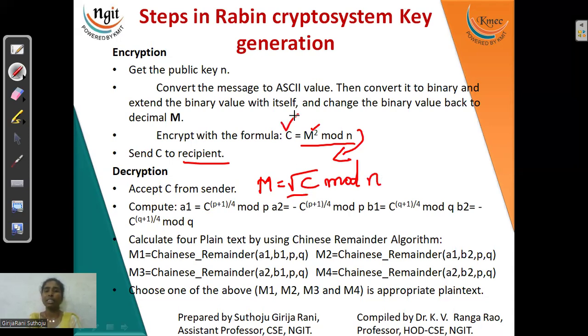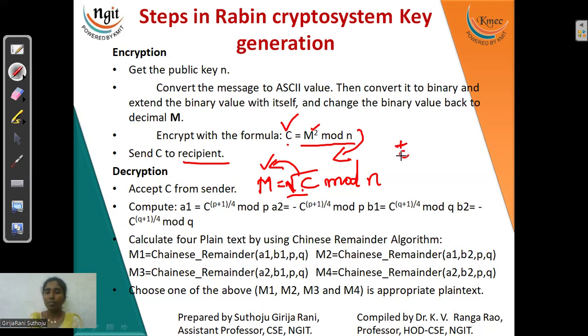So this is the encryption step, and this is the decryption step. The encryption step will give the ciphertext, and that ciphertext will be sent to the recipient, I mean the receiver. Now the receiver will take that and apply the square root of the ciphertext mod n, so that we will be generated with 4 combinations. So what are these 4 combinations? Again, see here. This is plus or minus C first.